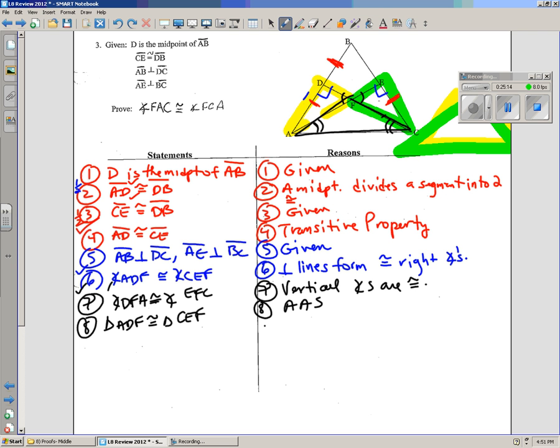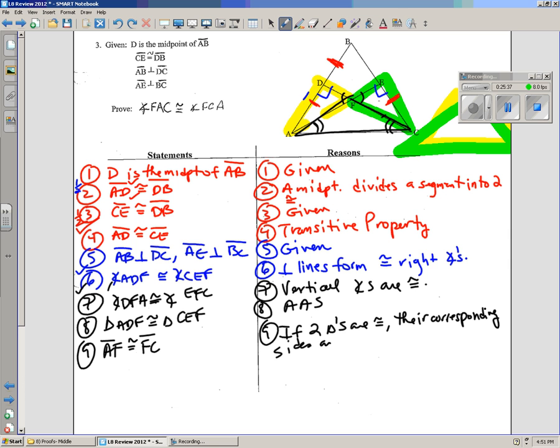So if I want to explain why the triangle is isosceles, I can say AF is congruent to FC, because if two triangles are congruent, their corresponding sides are congruent. So now we know AF congruent to FC, which in turn explains why triangle AFC is isosceles.